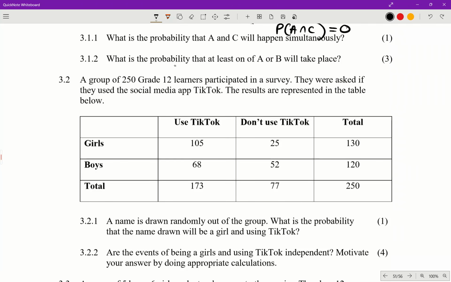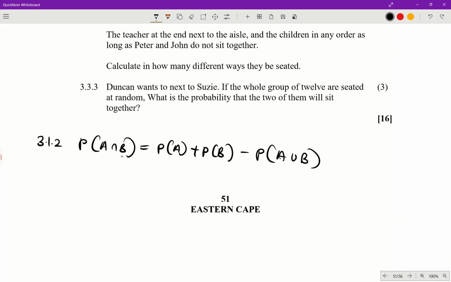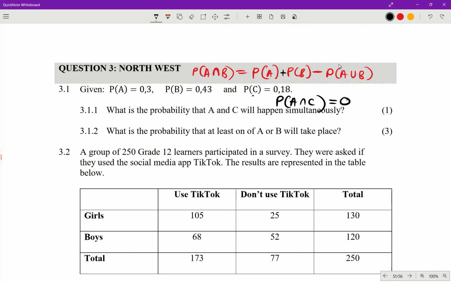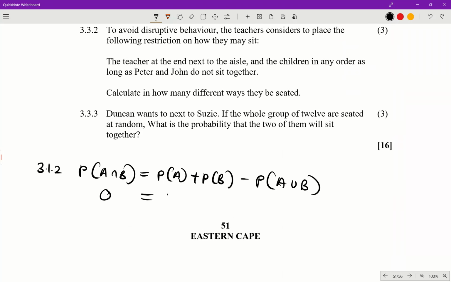So now, to find the probability of A or B, let's go back there. Remember, A and B cannot happen at the same time, so that is 0. The probability of A is simply 0.3, B is 0.43. So 0.3 plus 0.43 minus the probability of A and B. This is A or B, the union; this is called union, and this is called intersection.